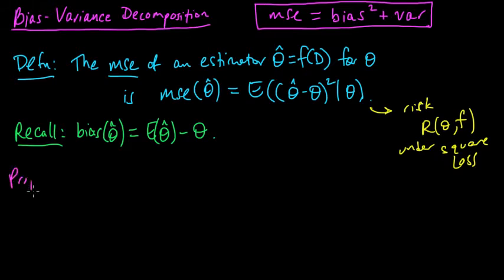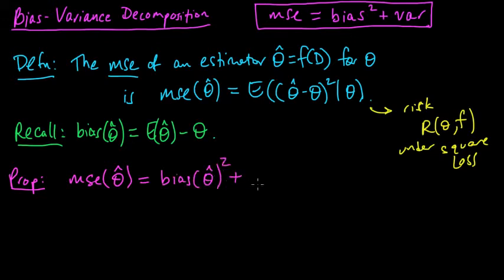It's not really a theorem, I guess, it's maybe just a proposition. The bias-variance decomposition. I'll write it here a little more explicitly. The mean squared error for any estimator theta hat is the bias of theta hat squared plus the variance of theta hat. And theta hat is a random variable, so it's the variance of that random variable.